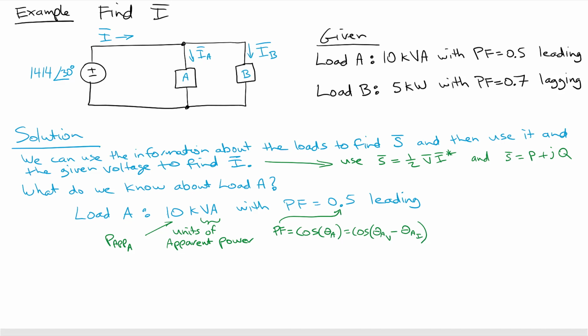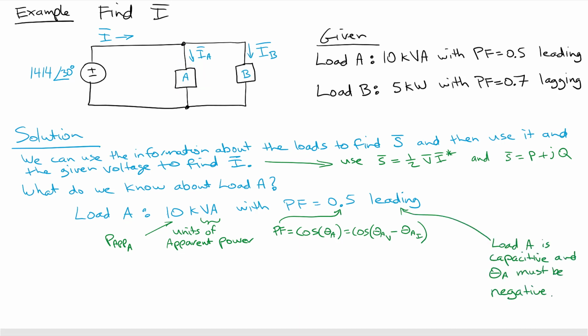The power factor is cos of the power angle of load A, so that's why we've denoted theta A here. That's the power angle associated with load A. And the definition of power angle is the phase angle of the voltage minus the phase angle of the current, for that load specifically.